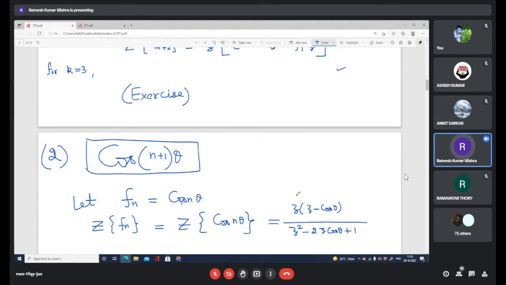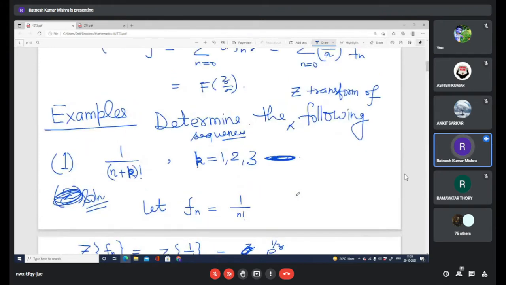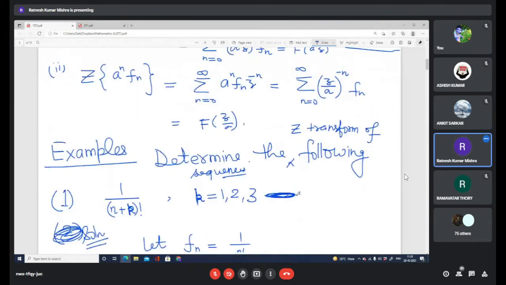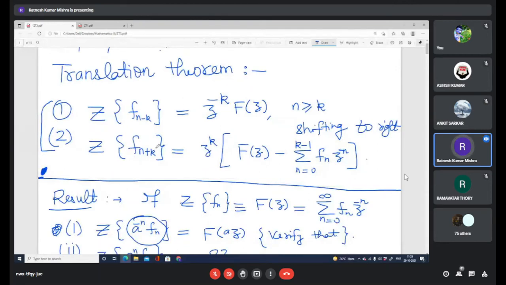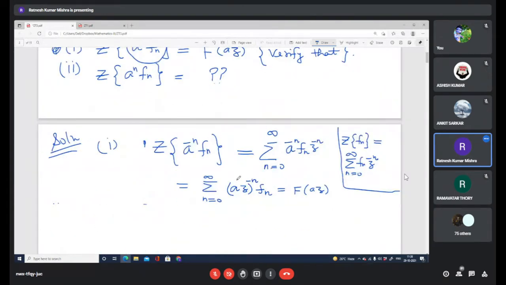Okay, so simply in this formula, substitute k equal to 1, so we can find the Z transform of f(n plus 1), that is cos (n plus 1) theta.